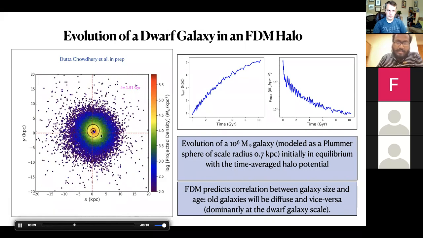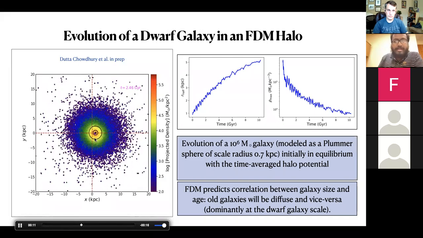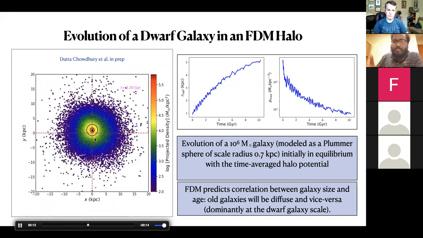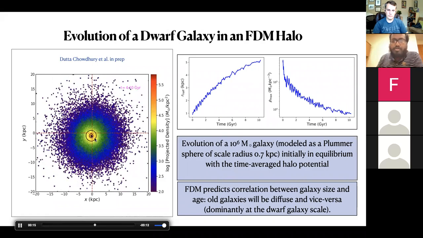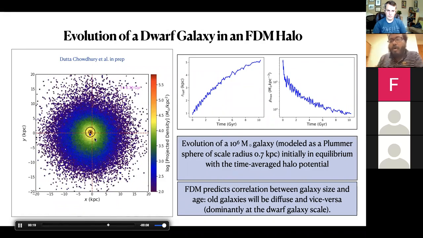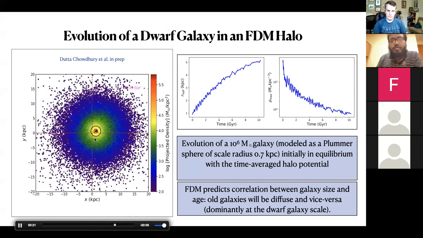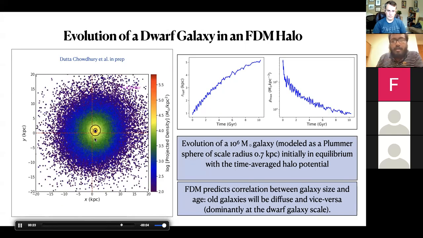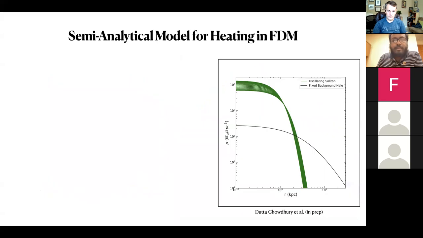I'll try to show later that most of this heating is actually dominated by the random walk, and therefore the heating will also decrease. So we need to do more detailed modeling in order to use these to constrain the fuzzy dark matter particle mass.